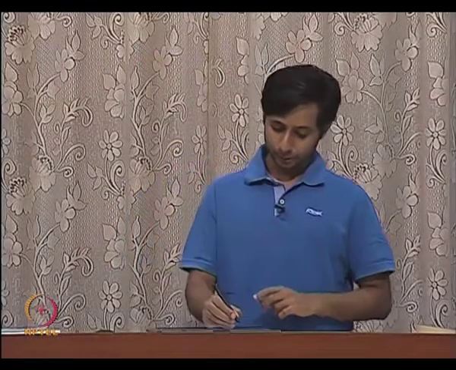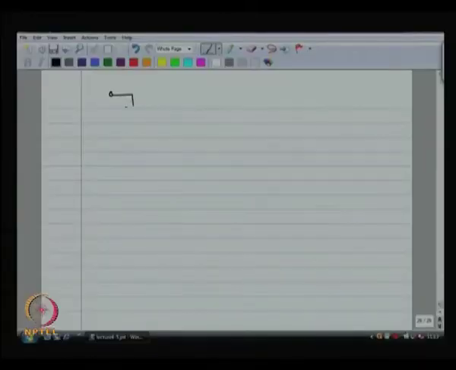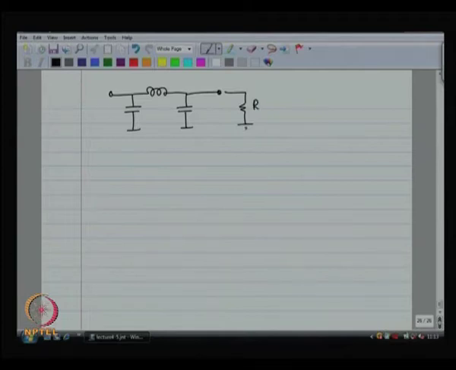Such matching networks could look like this. They could also look like this.